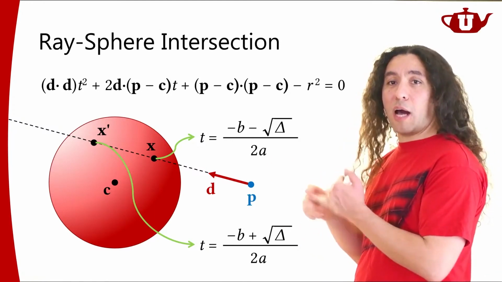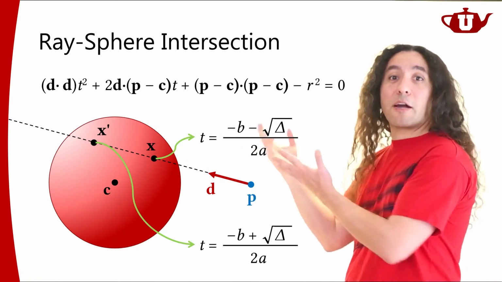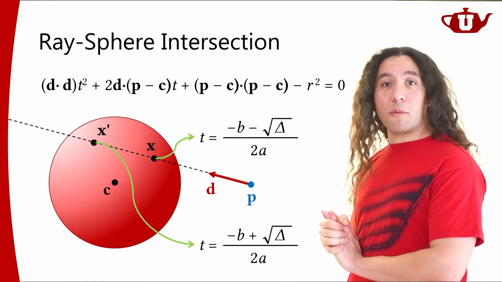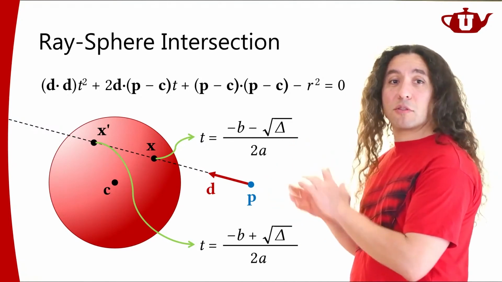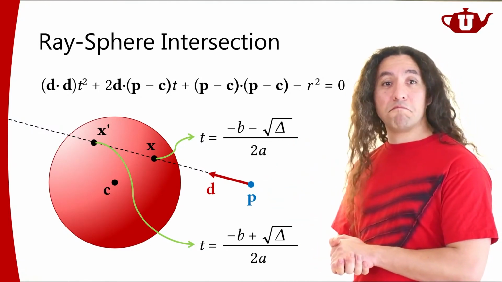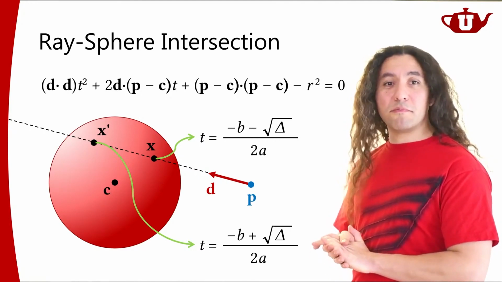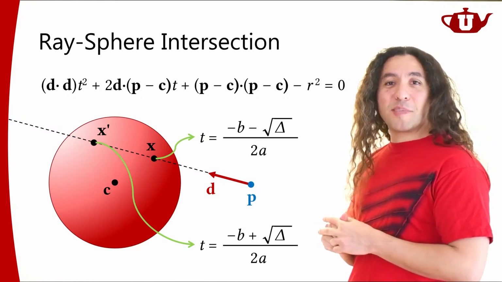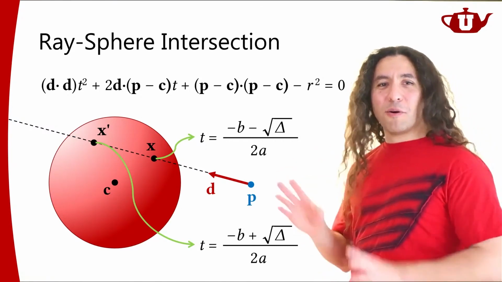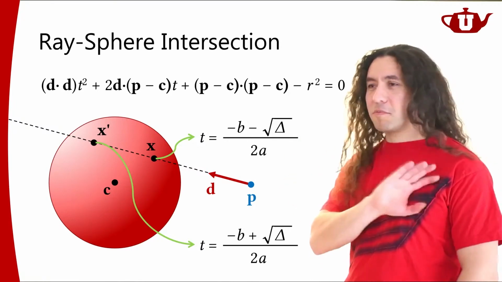I found t, that means I found x, that means I could compute the surface normal, and I have everything I need to start doing my shading, for most applications anyway. I haven't told you how to compute the texture coordinates, but that's a whole other thing. That depends on how you're mapping the texture, so don't worry about that.